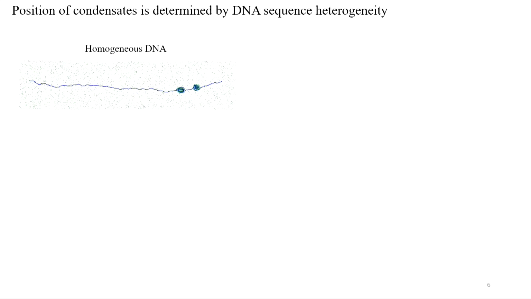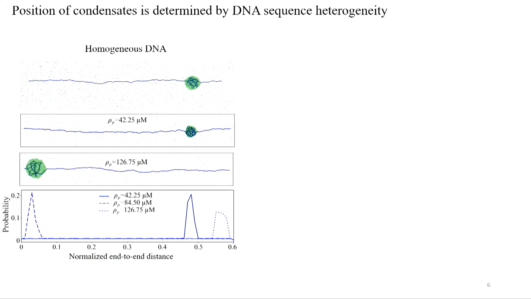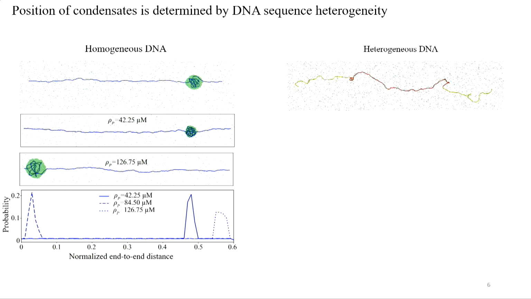So when we simulate it, we find that in the homogeneous case, the condensate is formed near one of the ends, right? But in the heterogeneous case, where the strong interaction is in the middle, they always form right in the middle.